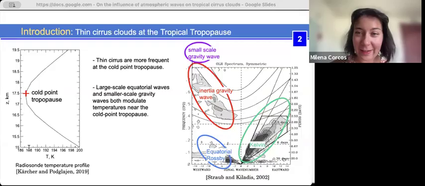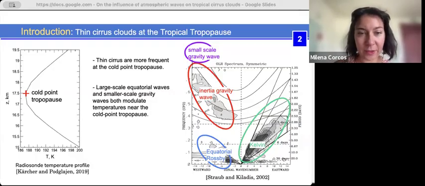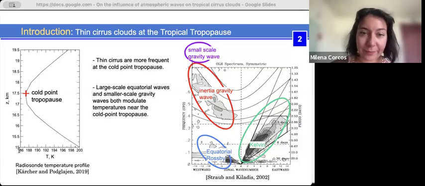And then at smaller scale, that I drew on top of this spectrum, we have our gravity waves, higher frequency gravity waves that are mostly generated by convection and which produce fluctuations with periods of minutes to hours. So as a result, these cirrus clouds in this region evolve under the combined influence of both large-scale and small-scale temperature variability.